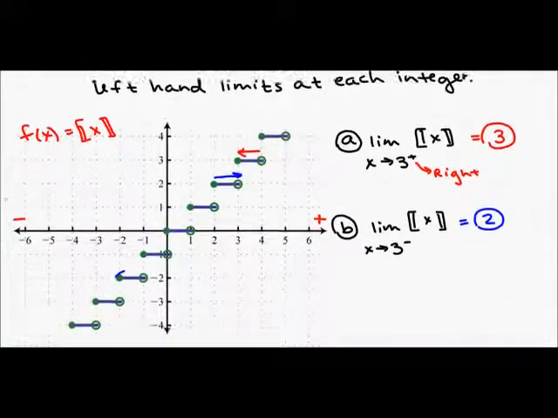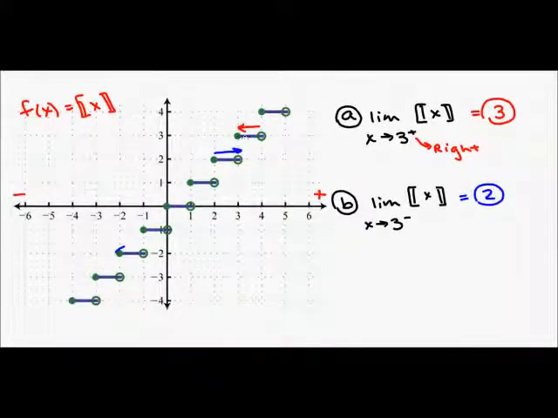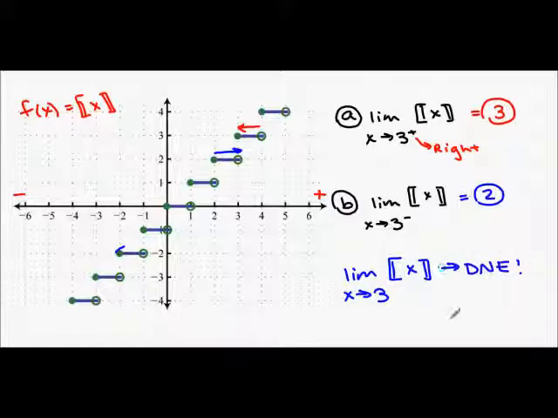If you look back at this graph here, you see that there is a right-hand limit as x approaches 3. There is a left-hand limit as x approaches 3, but they are not equal. So if you wanted to find just the limit as x approaches 3 for the greatest integer function of x, this does not exist.